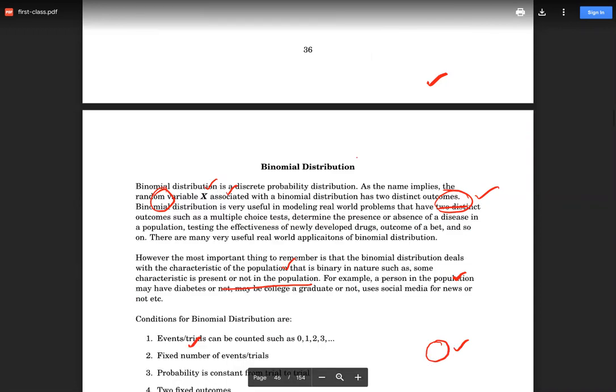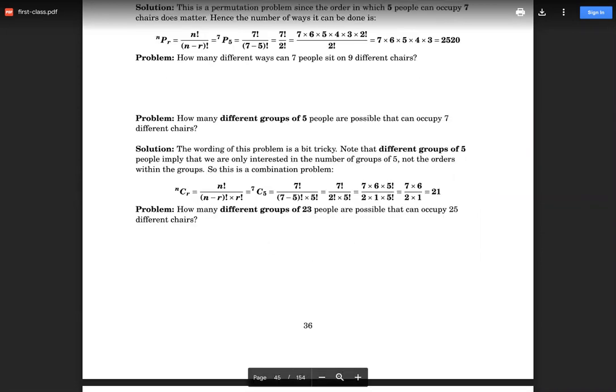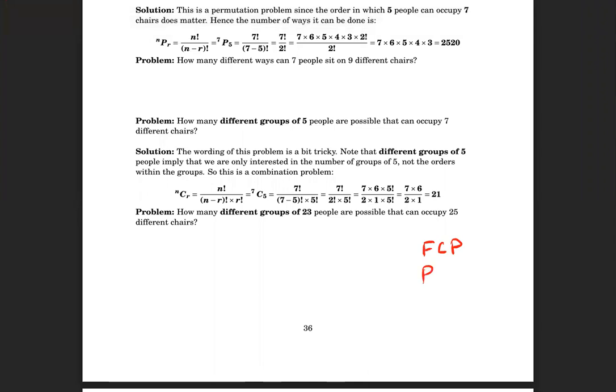That should take care of everything that I wanted to cover for today's lecture. It's a lot of material, but more examples, really. The things we have learned in the second half of the class today are the fundamental counting principle, then permutation and combination.